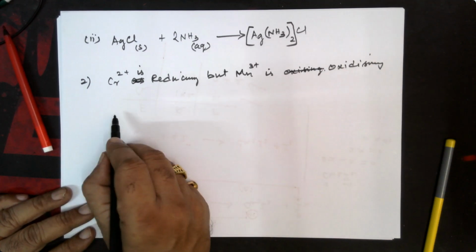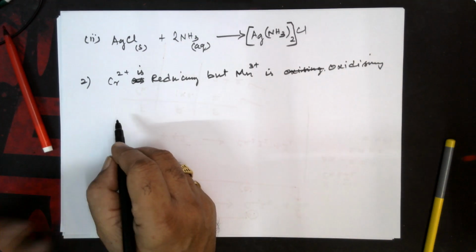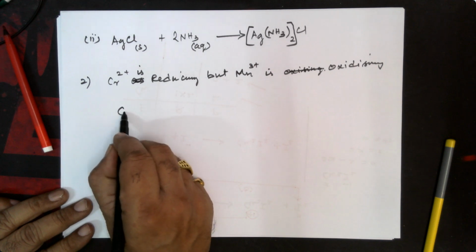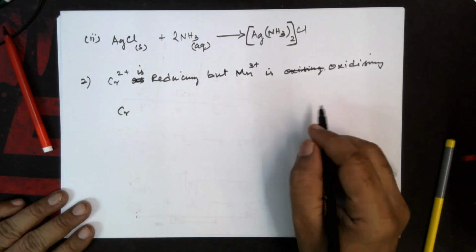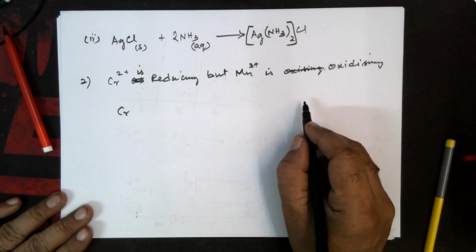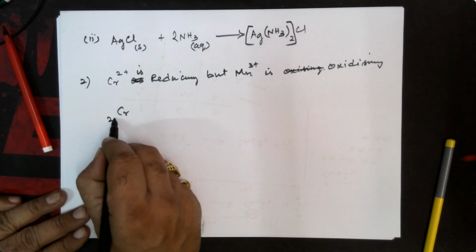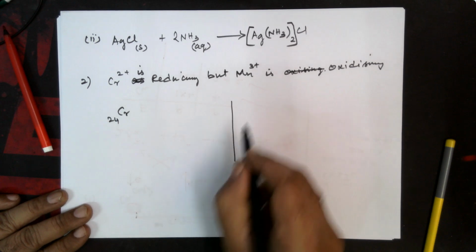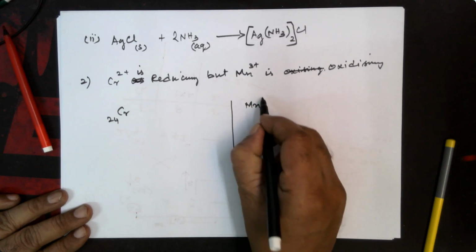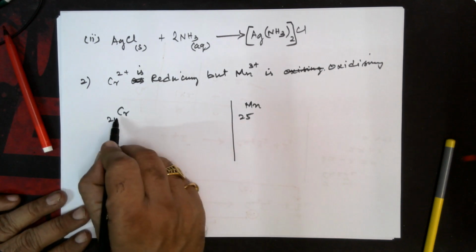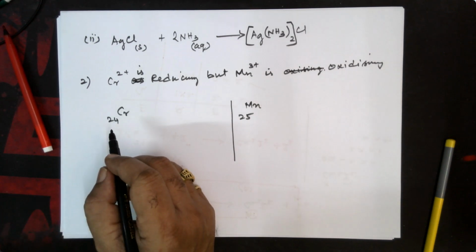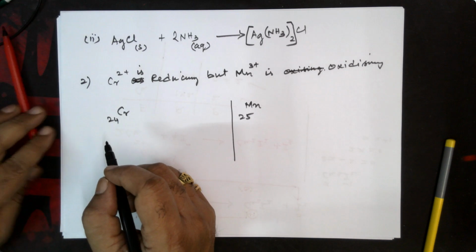Now, what is the electronic configuration of chromium? Cr, what is the atomic number? 24. And what about manganese? 25. Which is the nearest inert gas configuration?